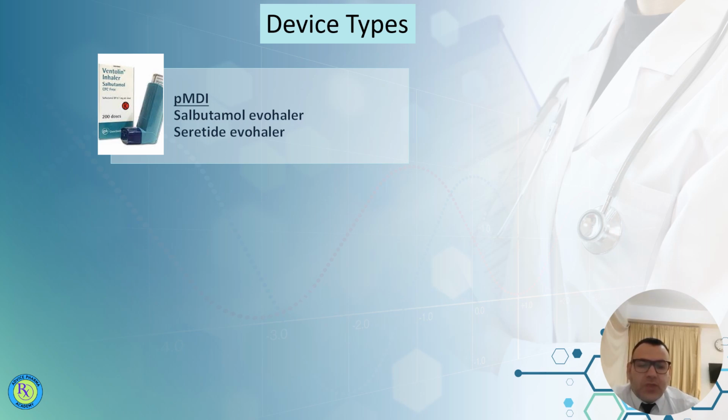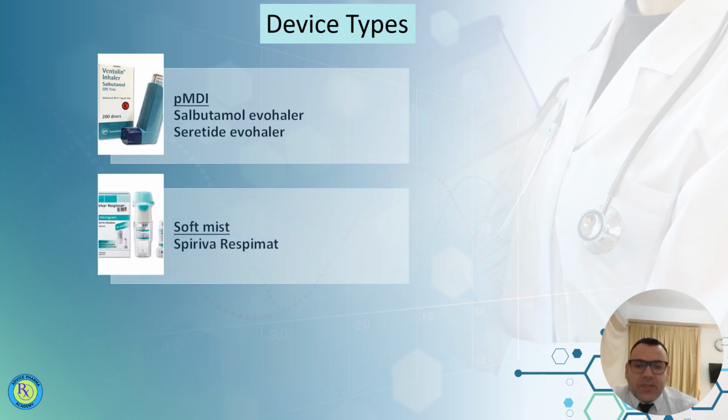So usually for adults, if the patient needs to use a PMDI, they need a spacer device, where this device can be linked to the mouthpiece, and the parent can press the canister and give the child time to inhale from the spacer.